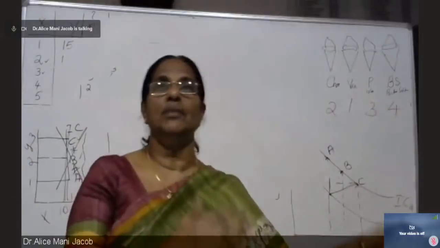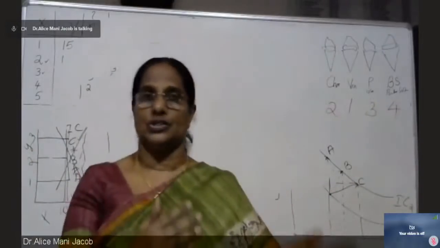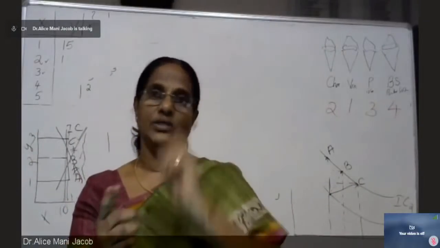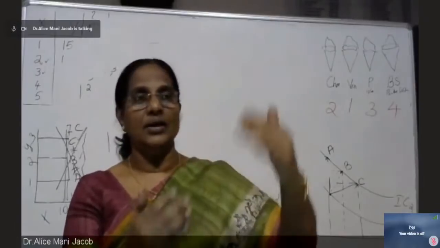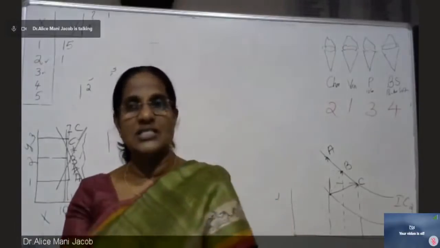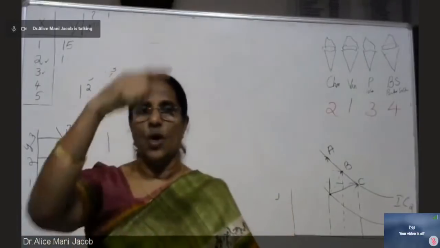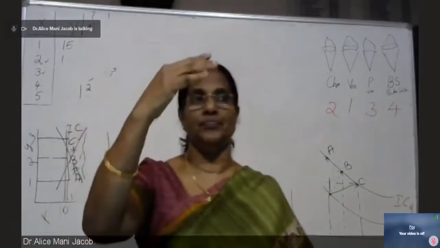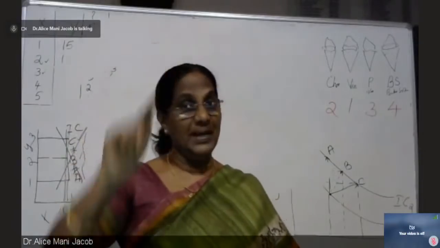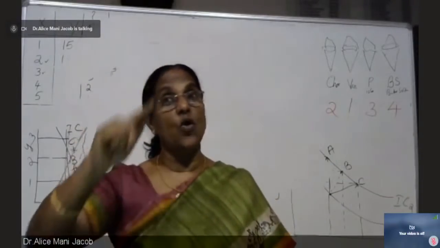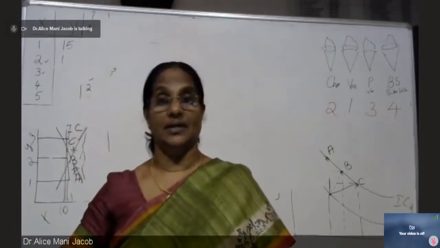Utility is a function of both goods, not one good as in the case of Marshall. Second, utility is constant along the curve because your satisfaction is the same throughout.